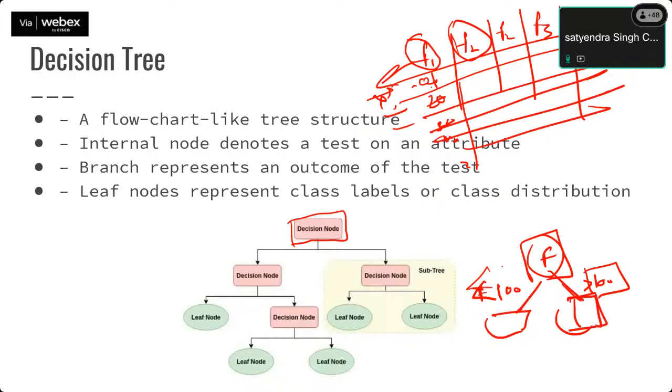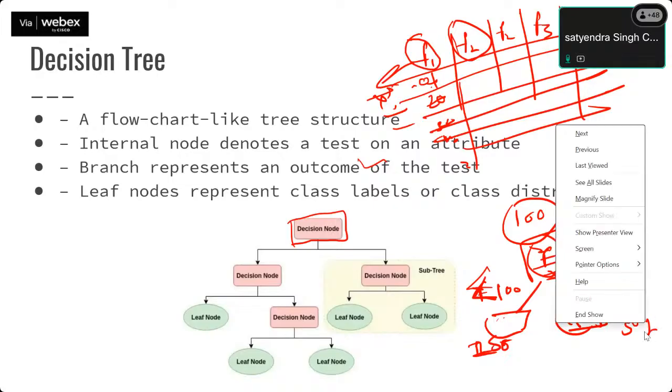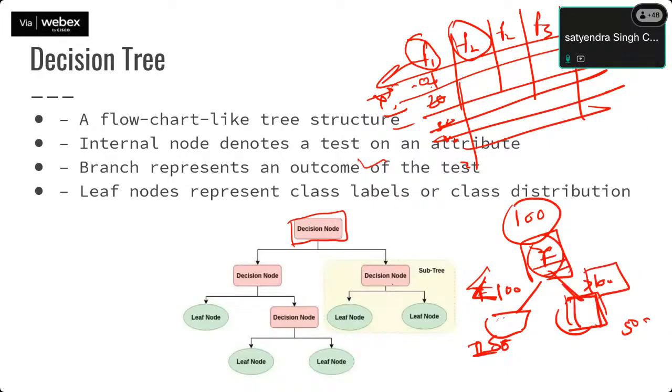So there is some test on the internal node, and a branch represents the outcome of the test. For example, say there are 100 instances, and 50 instances have a value less than 100 for f1. So 50 instances are classified this side, and the remaining 50 on the other side.